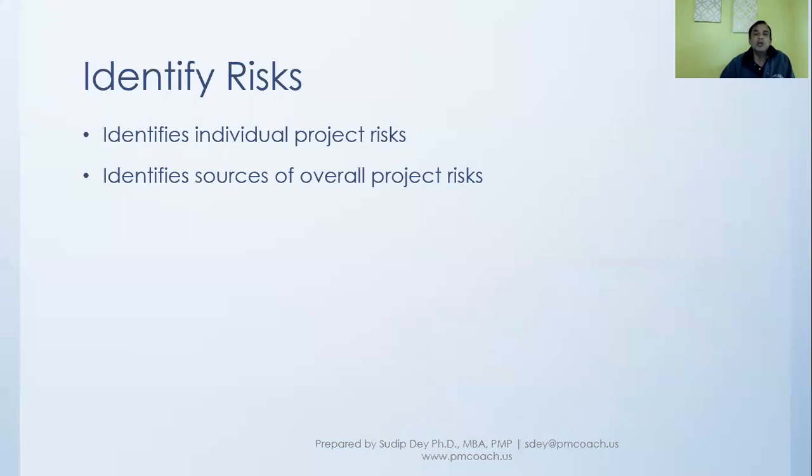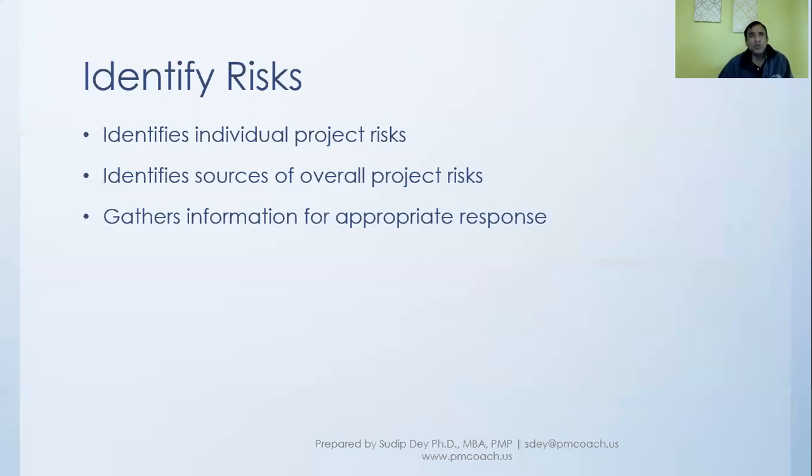Then, at this point, we are not actually deciding on what kind of response we'll be doing, that will come later in another process. We will gather information for appropriate responses in this particular process.